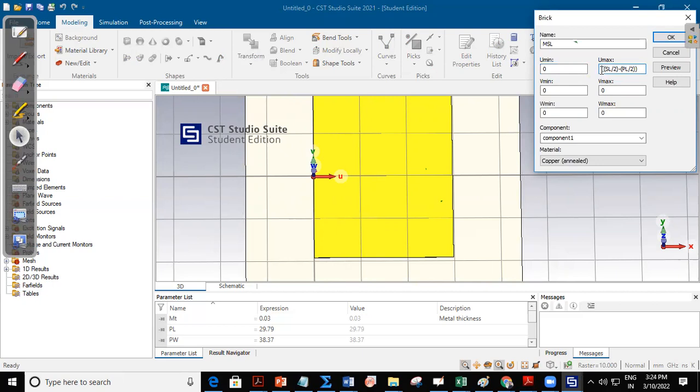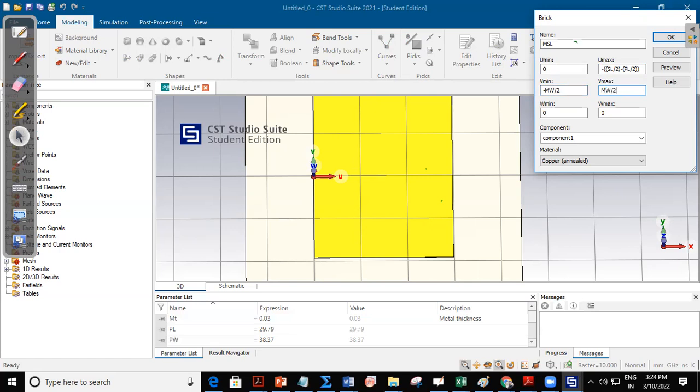So we can say minus of SL by 2 minus PL by 2, that distance it should go in this direction. And what about the width? In the V direction, we have the width of the strip line. And the width of the strip line, you are going to denote it as minus of MW by 2, exactly in the center from this point, positive and negative. So minus MW by 2 to plus of MW by 2.